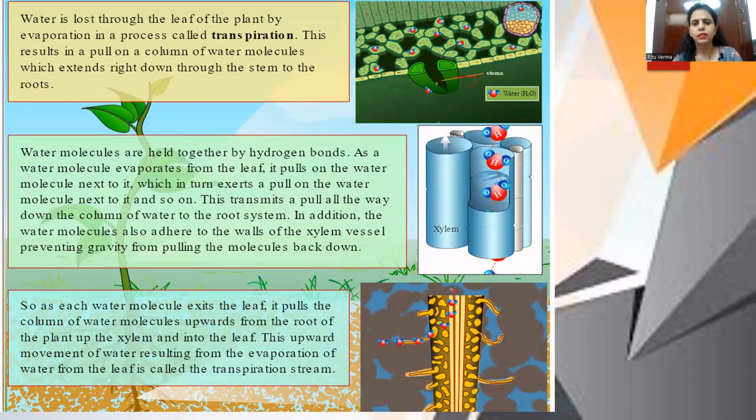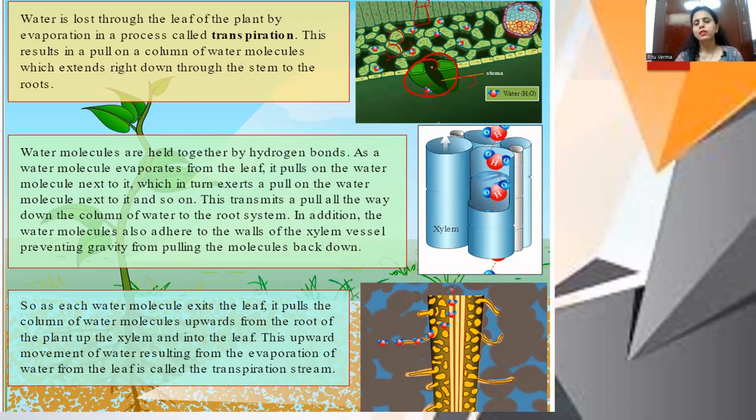This is the stomata, and these are your spongy mesophyll cells with air spaces between them, and these are your palisade mesophyll cells. This is your vascular tissue. These thick walled cells are your xylem cells.